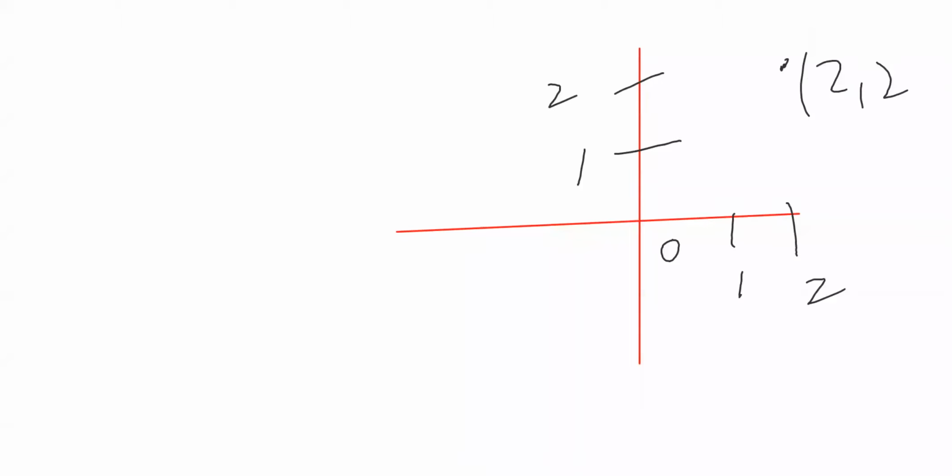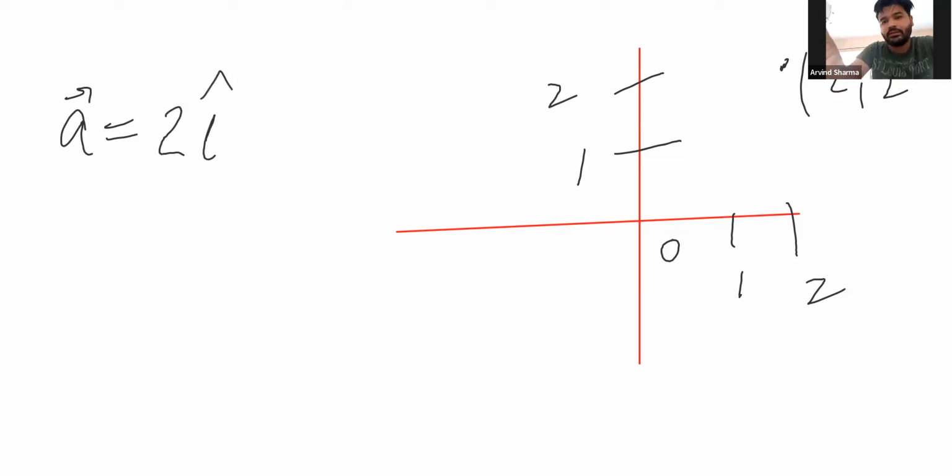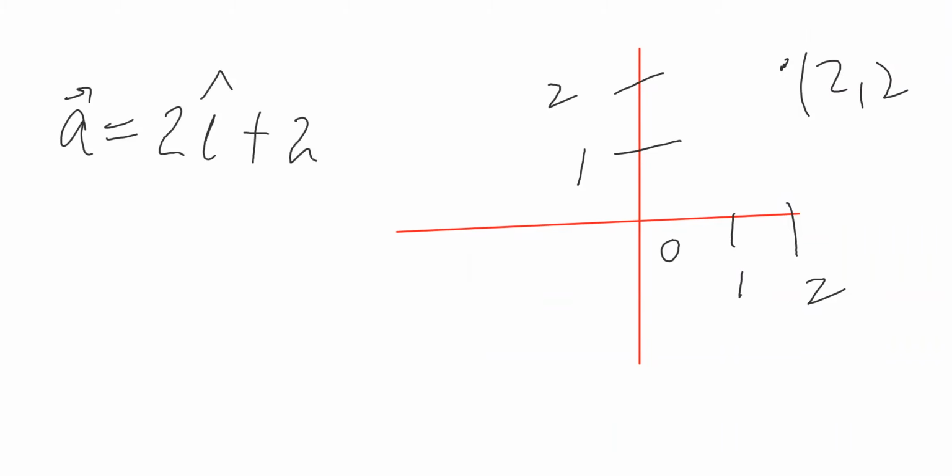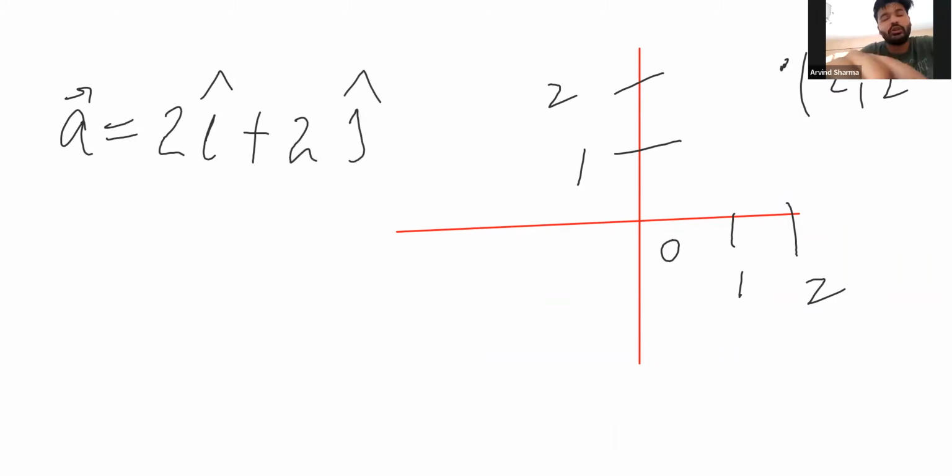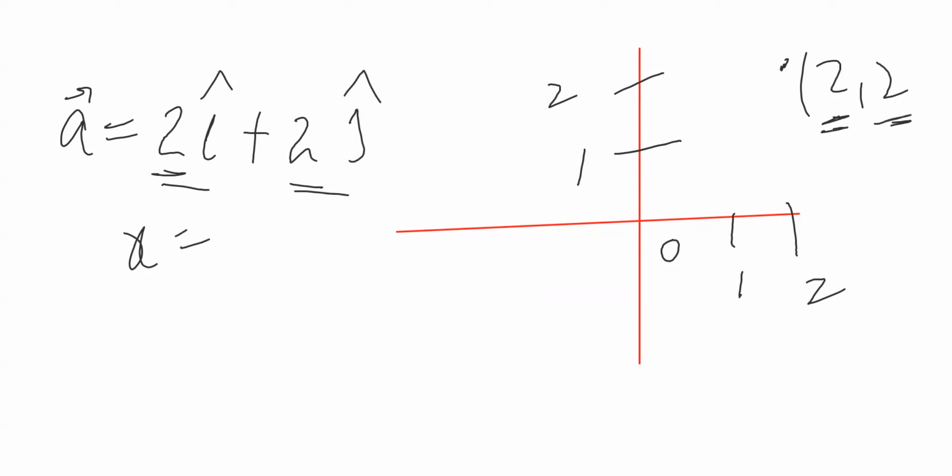How will you write it? Vector A is equal to 2 i cap plus 2 j cap. Here, this is the value of x and this is the value of y, right? So simply you have to put the value in x i cap plus y j cap, where x is 2 and y is also 2.